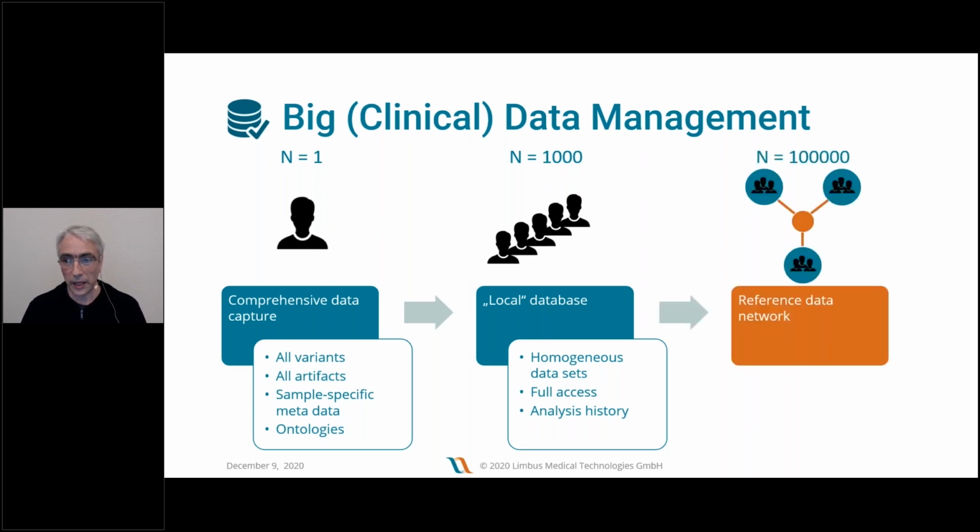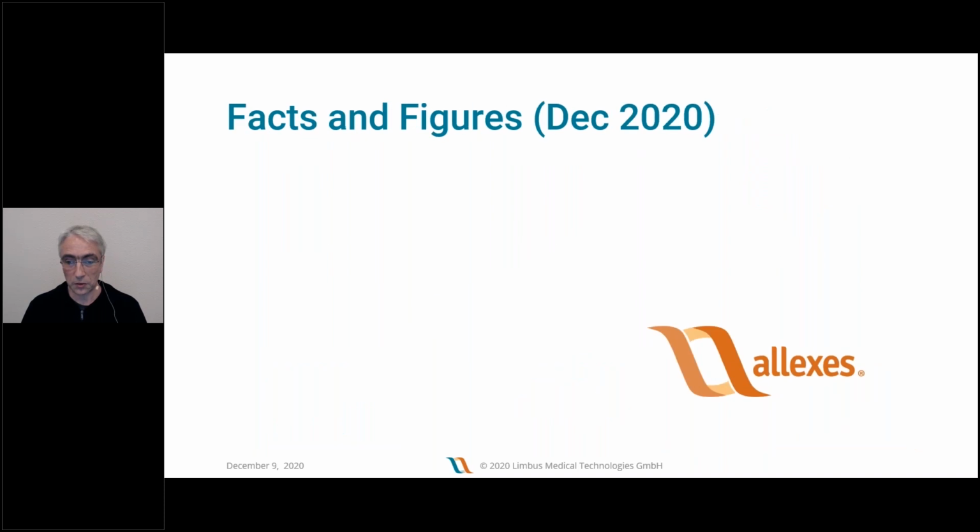And on top of that, we create an aggregated database across all of our customers, which allows you to compare your data sets to other institutions, which provides you a lot of quality control information, but which also informs you about reported variants from other institutions, and of course also with information about the phenotypes that are associated with those patients. I'd like to give you some facts and figures on what is provided with that database.